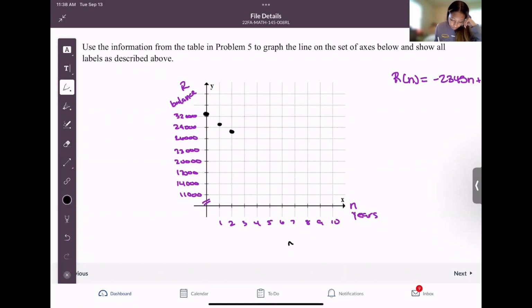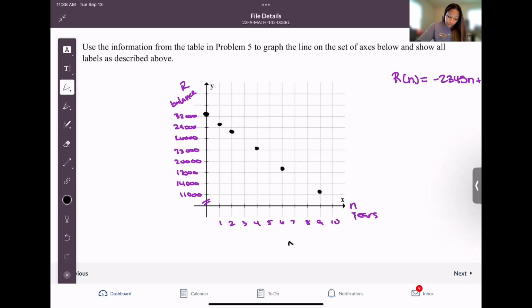Then next we had 4, $23,450. That would be about here. 6, $18,760. 6, 18, that'll be about here. And then 9, $11,775, or $725, which would be about right there.